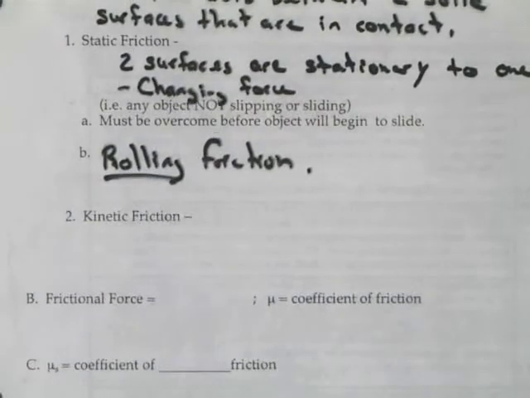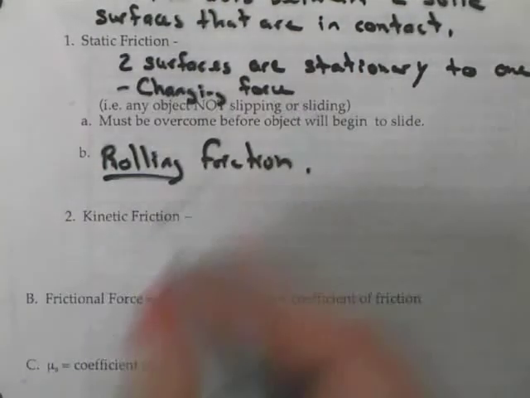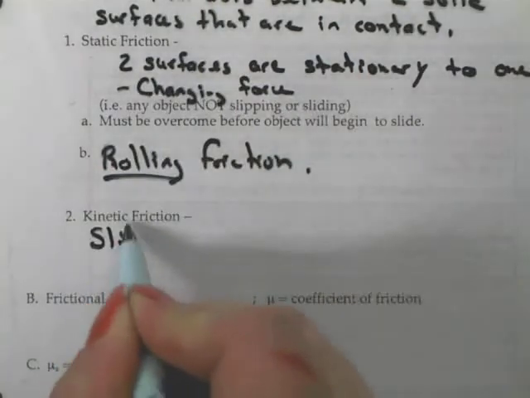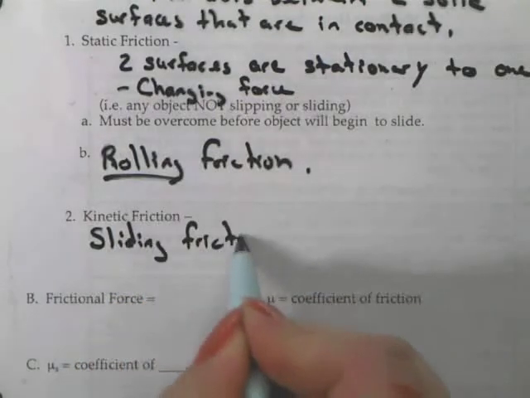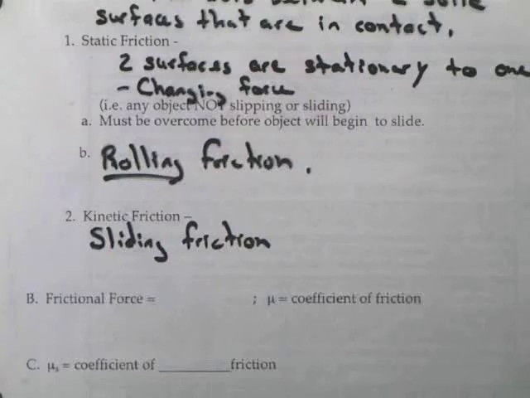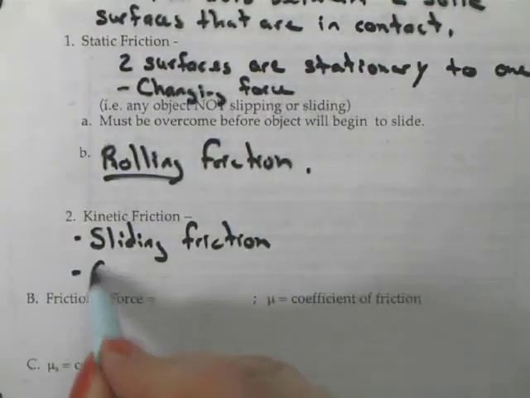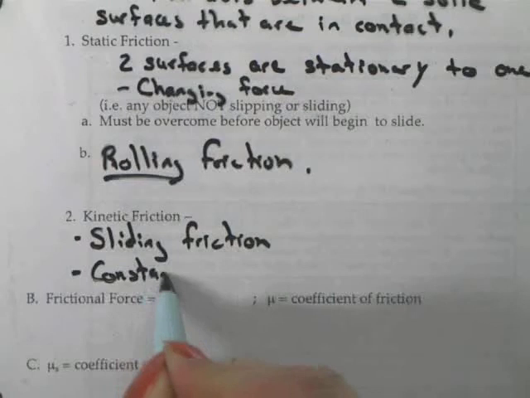Okay? Now, kinetic friction is the friction that acts between two solid surfaces that are sliding along one another. So this is a sliding friction. Kinetic friction is a little simpler because it is a constant force.